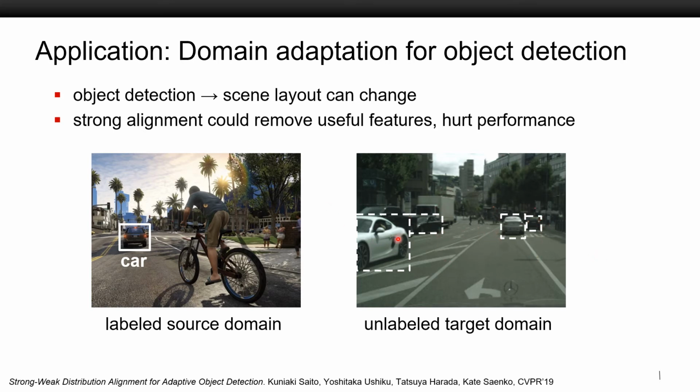And so for training a car detector, this could be a problem because now we're trying to align images with many cars to an image with just one car, and this kind of strong alignment can force the model to remove useful features, to unlearn useful features, to just say, I don't know how to represent multiple cars anymore, or something like that. So we observe that this kind of strong alignment can actually hurt performance when scene layout changes between domains.